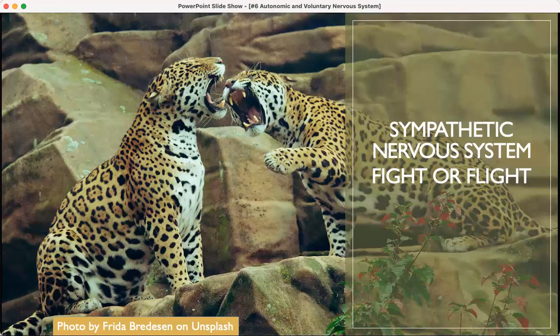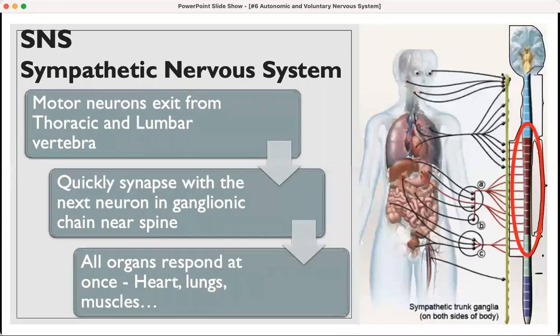So the sympathetic nervous system, let me go through that just a little bit more in detail. The fight or flight. These motor neurons that are coming out from the central nervous system are exiting from the thoracic and the lumbar regions of the spinal cord.